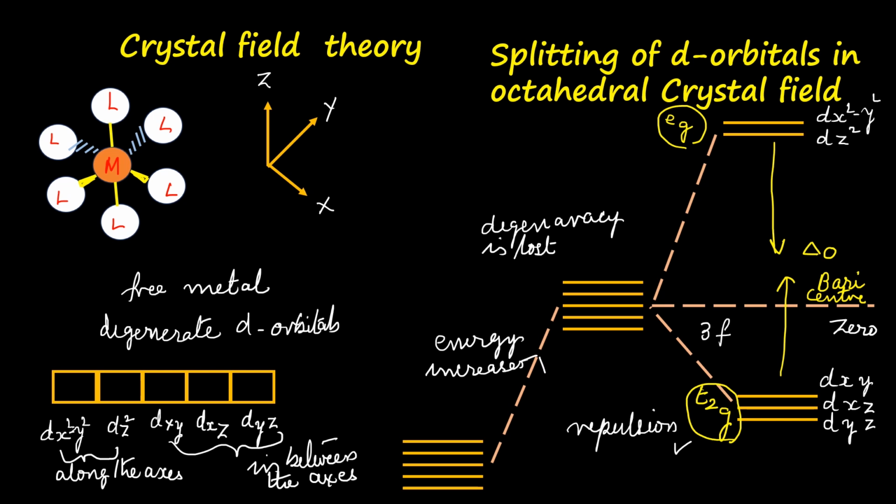These orbitals are said to be threefold degenerate, and the Eg orbitals are said to be twofold degenerate. The splitting of the energy of the 5 d orbitals when the ligand approaches the central atom is called crystal field splitting, and the energy separation is called crystal field splitting energy.